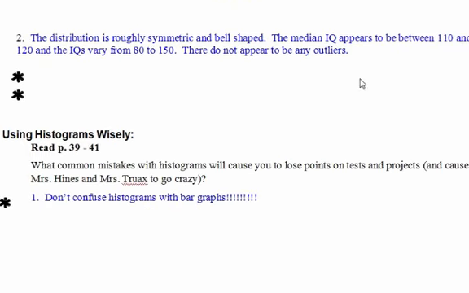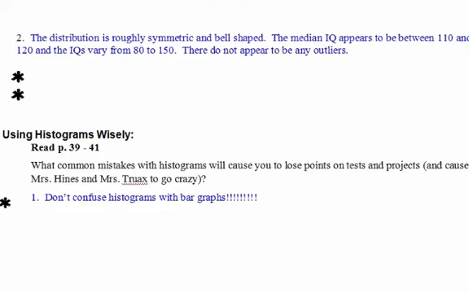What common mistakes with histograms will cause you to lose points on tests and projects and cause Ms. Hines and Ms. Truex to go crazy? Don't confuse histograms with bar graphs. Although they resemble each other, their details and uses are different.